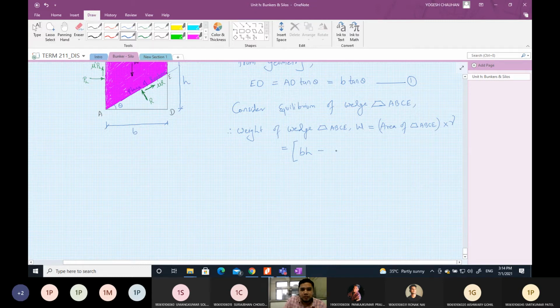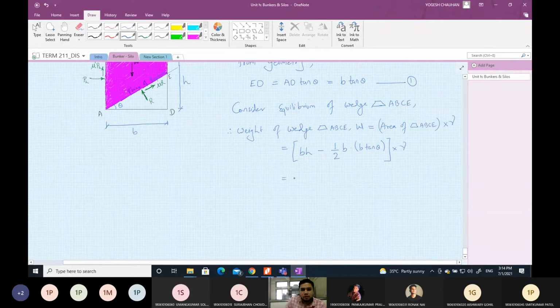ED is B tan theta. So it will be 1/2 base B into B tan theta, into gamma.